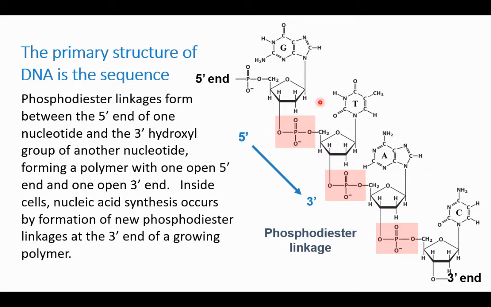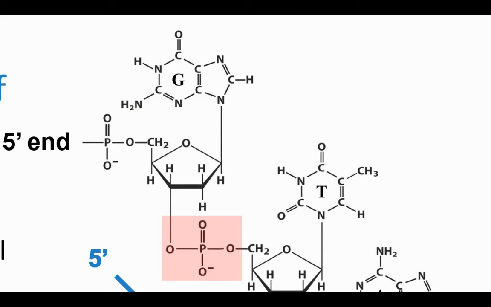So 5 prime is on this part of the sugar molecule, this is the fifth carbon. And then the other side is the 3 carbon, which is attached here.